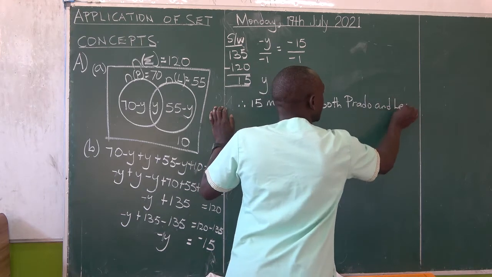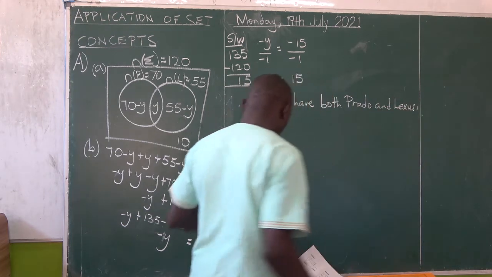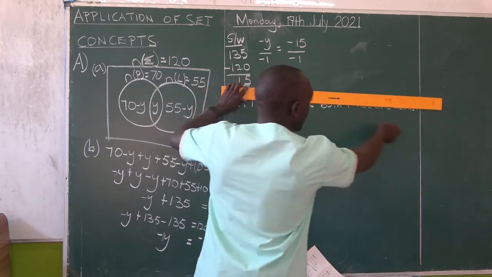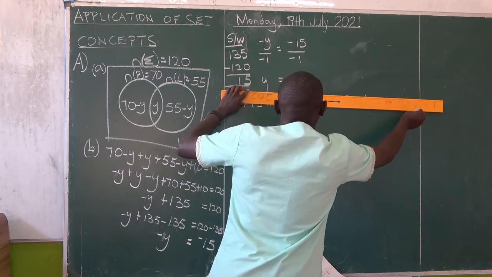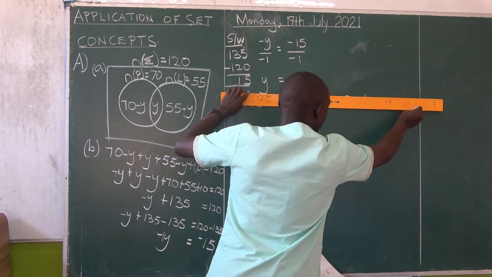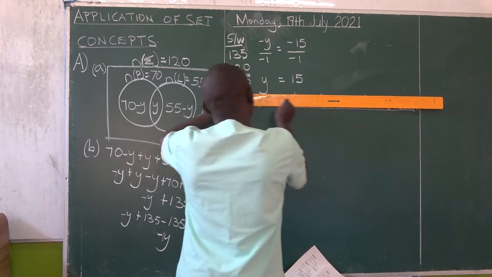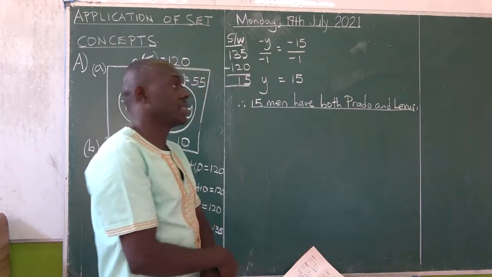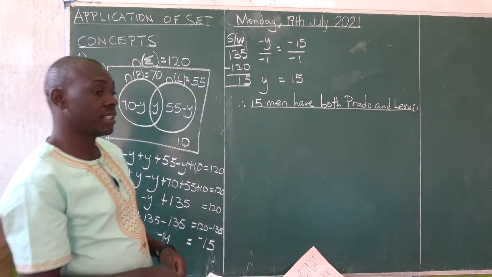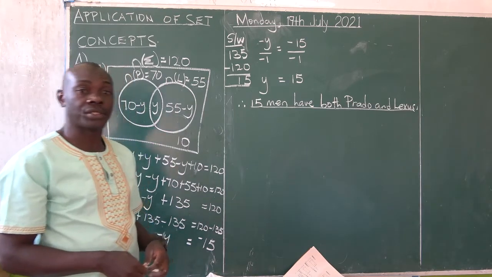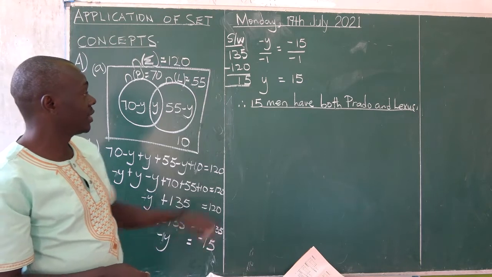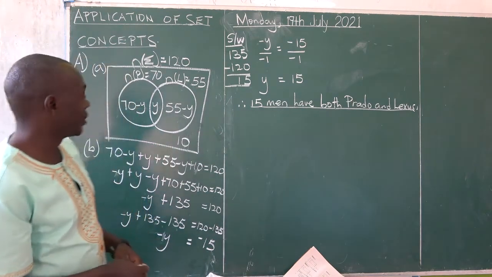Then you underline, and that makes your answer accurately done. In applying these set concepts, which shall take some good time, because you need to understand, by the time you come physically, meaning to be taught at school, you must be able to just do all that work without any difficulty.